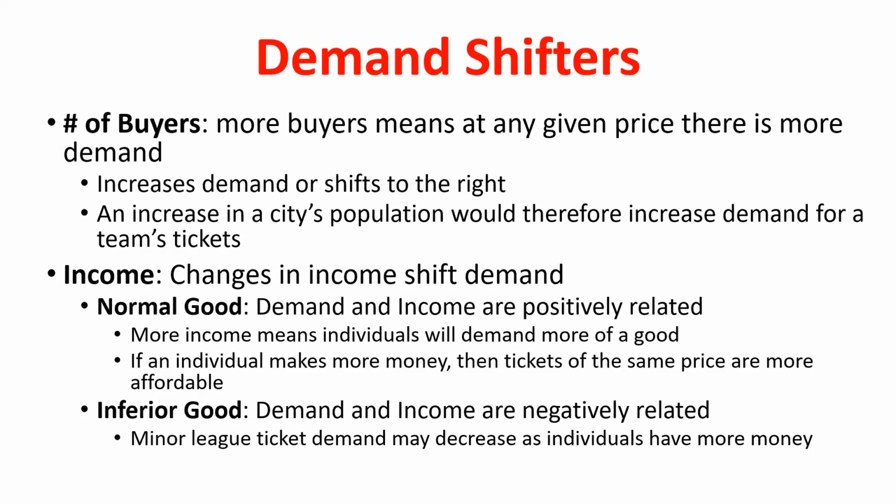Now, if we're thinking about things like minor leagues, right? Those might be, if I have more money, I start to attend more NFL, NBA games than I do these smaller leagues. So sometimes for these less popular leagues or these minor leagues, we can see them work as an inferior good. When people have a higher income, they actually decrease the demand for that product, right?